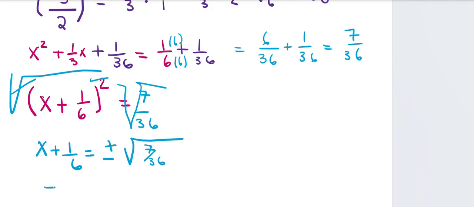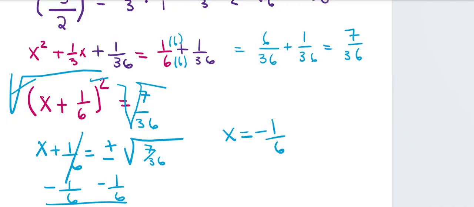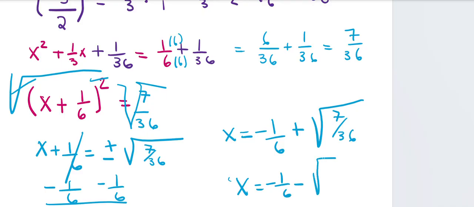Again, I am solving for x, so I need to minus the 1 over 6 from both sides. That cancels, leaving my x by itself. So I have the two answers. x equals negative 1 over 6 plus square root of 7 over 36, and x equals negative 1 over 6 minus the square root of 7 over 36.